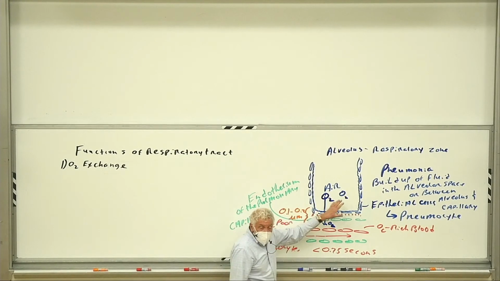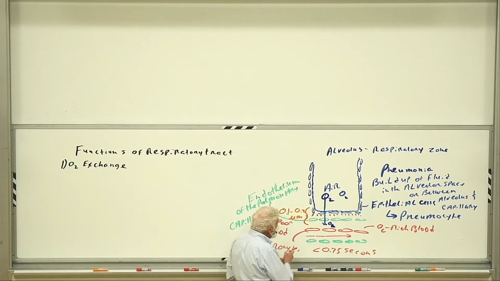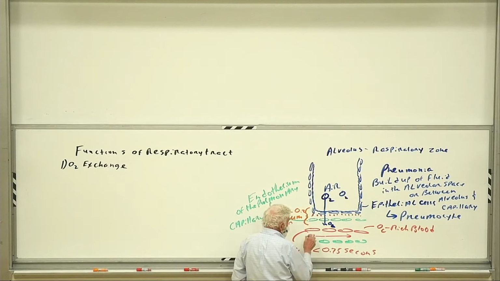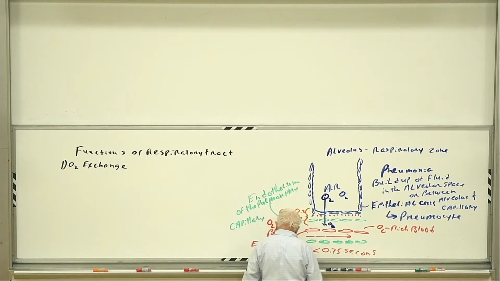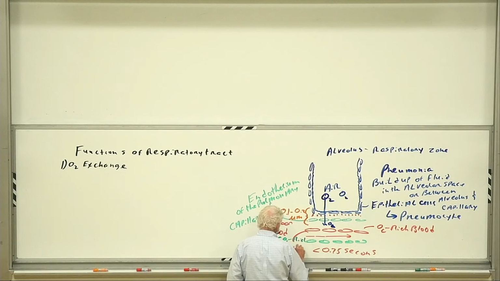But this is the business end of the system. This is where gas exchange is occurring. The gas exchange we've discussed is oxygen diffusing into the pulmonary capillary. But as the blood's coming back from the tissues, it's going to come back as CO2 rich blood.